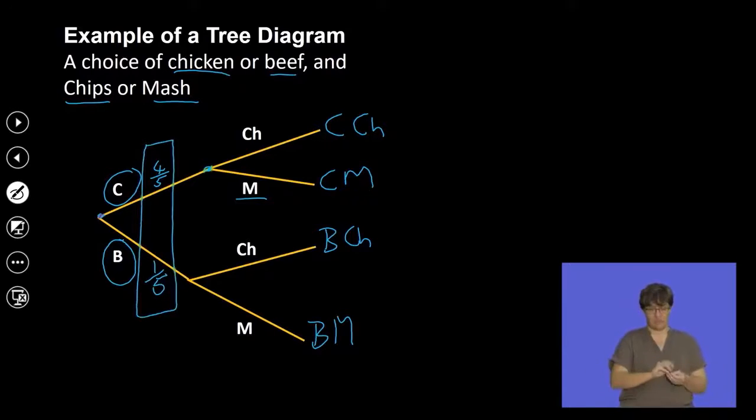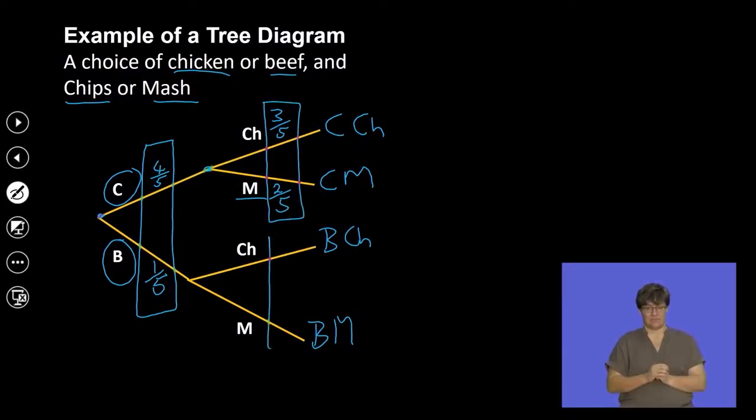And the same thing happens over here, where we have chips and mash. Let's say that 3 out of 5 choose chips and 2 out of 5 choose mash. Again, these numbers add up to 1. So in the same way, we can get proportions over here. We could say when we're having beef, there could be 3 out of 5 as well, and 2 out of 5, but those numbers will add up to 1.